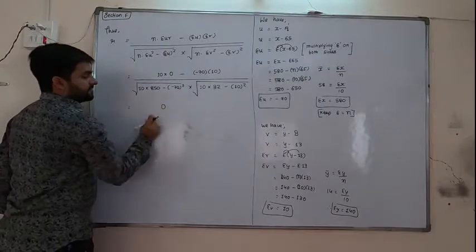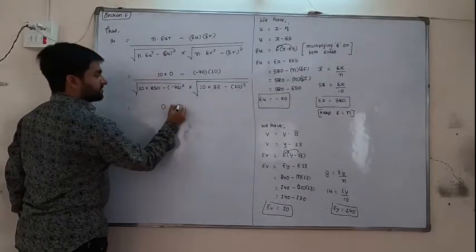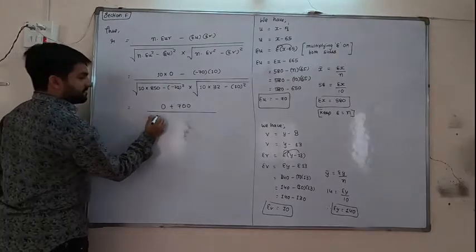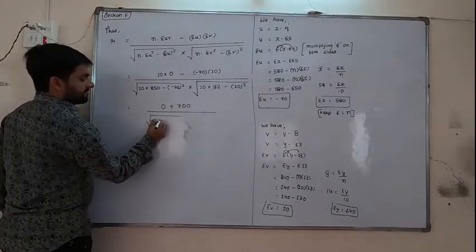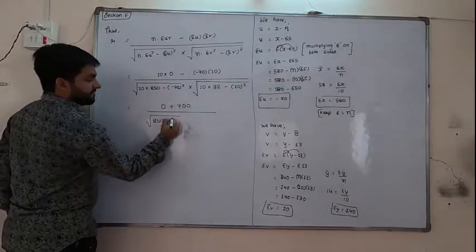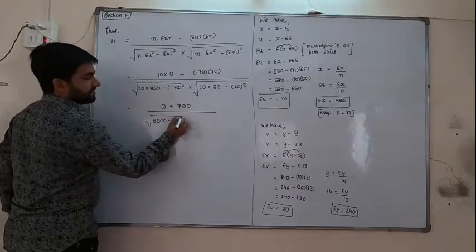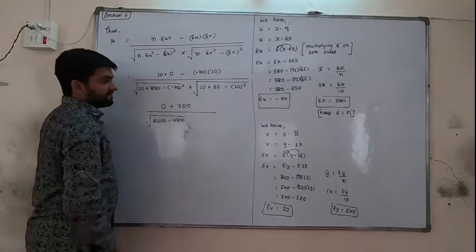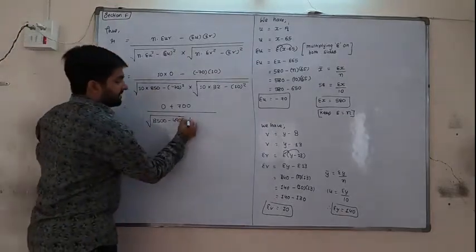Now 10 into 0 is 0, minus minus plus, so 70 tens are 700, divided by, in the second square root, 8500 minus 4900, since minus 70 square is 4900.